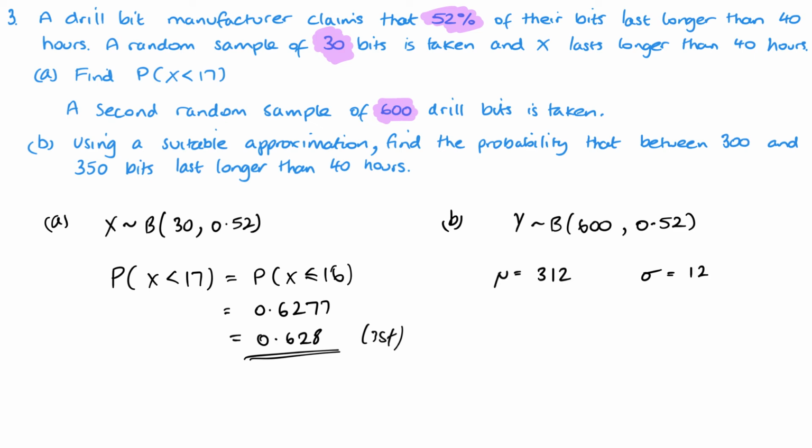And that gives me 12.2 to 3 significant figures, but I'll store the full answer in my calculator. Now let's look at what we're trying to find. We're trying to find between 300 and 350 bits.